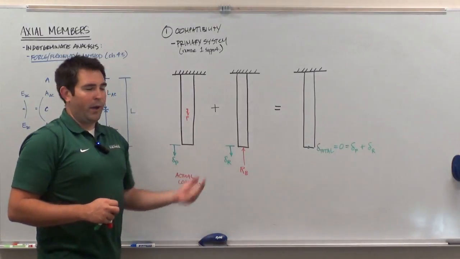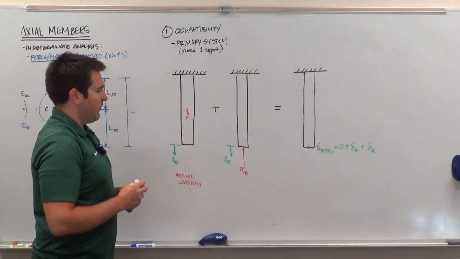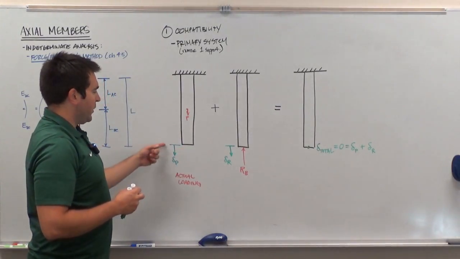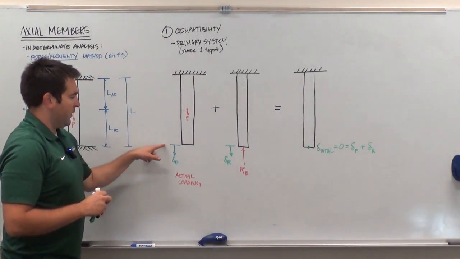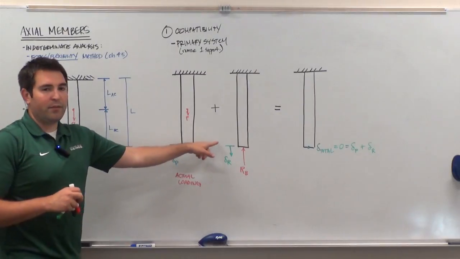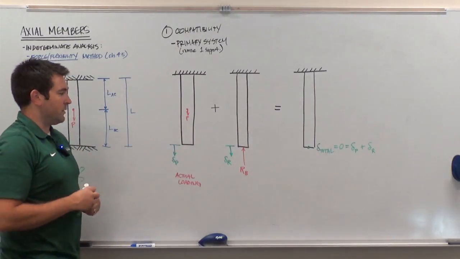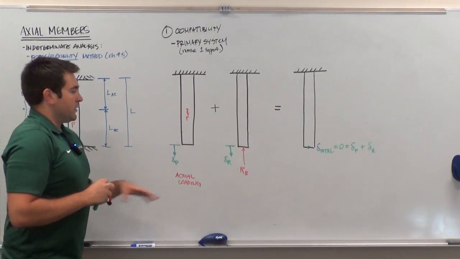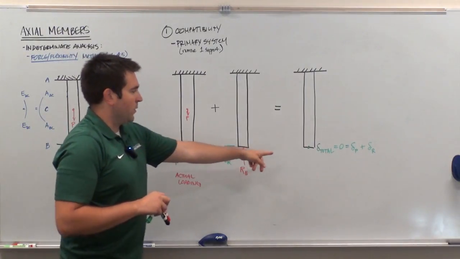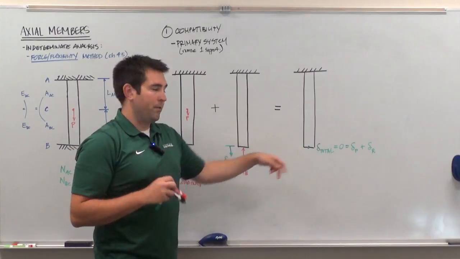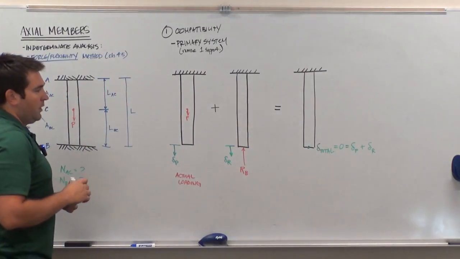If I drew it the other way, then they would need to be equal in magnitude and in sign. I'm trying to be consistent with the way that we define deflection. In this case, these are both shown as the assumed positive direction. So with that in mind, this plus this has to equal 0 because the total deflection is equal to 0.